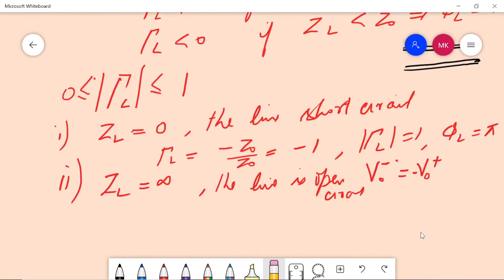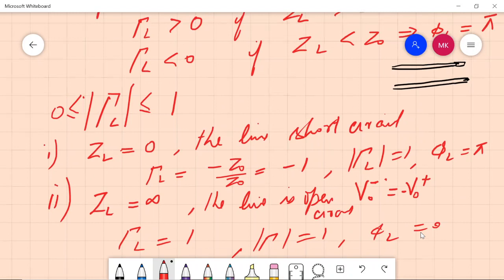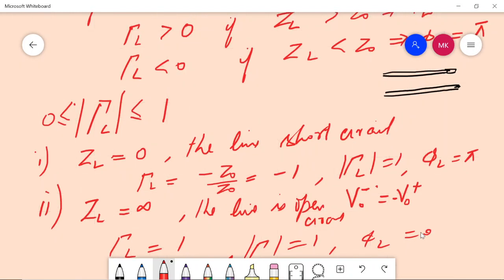So you can find that gamma L in this case will be 1. Here again, the magnitude is 1 and the phase is 0. So if you open circuit the line, the whole wave will be reflected back without any change in phase.